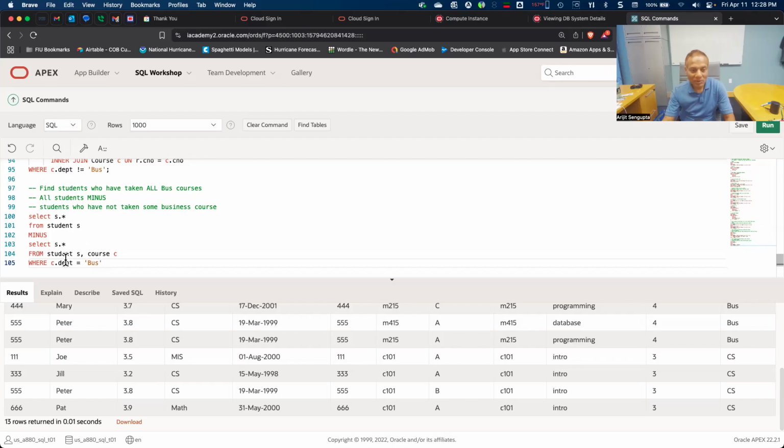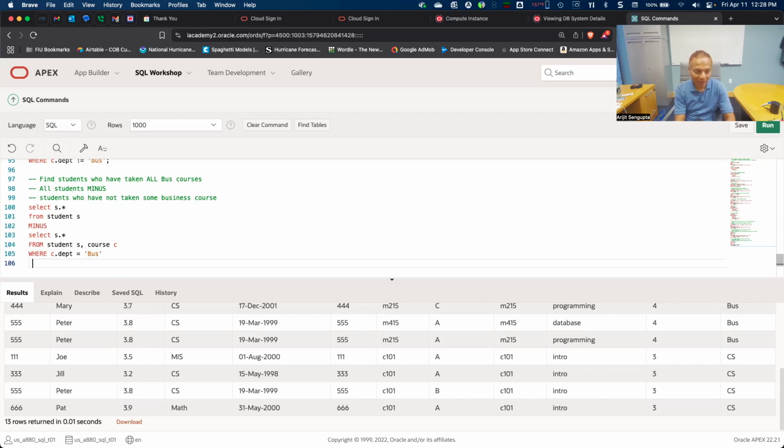Notice that student and course you can't join because they're not related. But we want to bring that in so that we can say that the registration does not exist. So here is a course in the business department, and I'm saying that this student does not have a registration in that department.